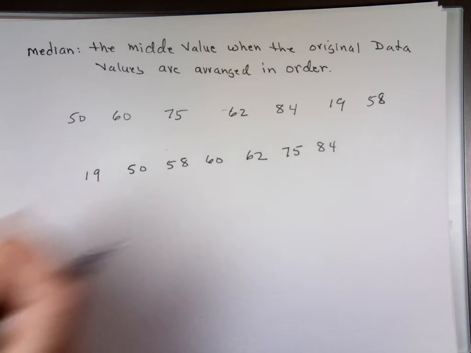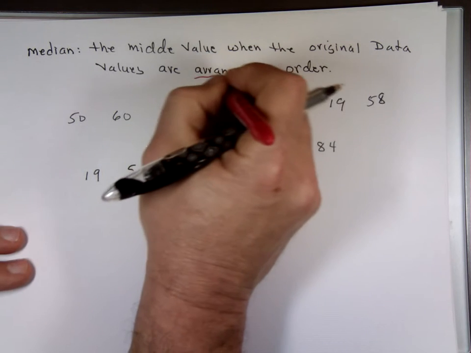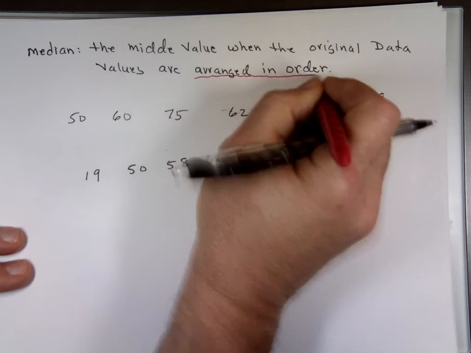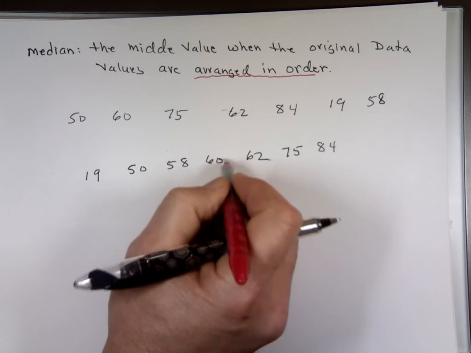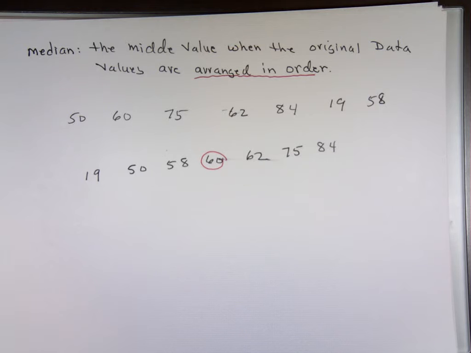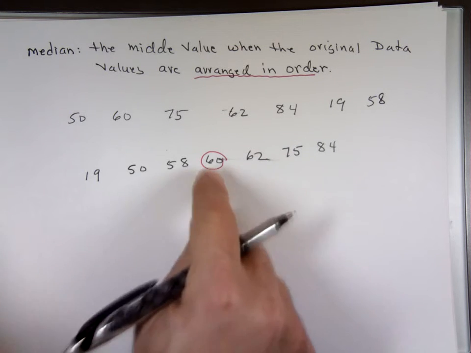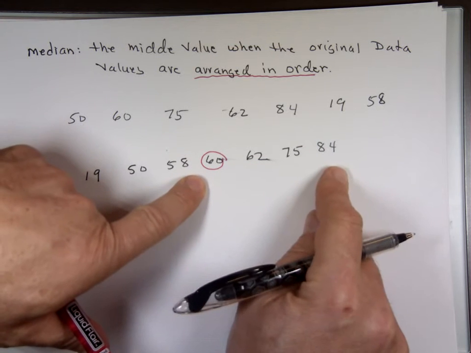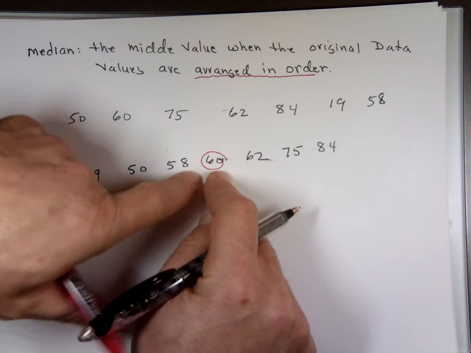The key is to arrange them in order first. The middle value looks like the 60. The 60 is the number in the middle. So if your score is above 60, you're in the top half of the class. If you're below 60, you're in the bottom half of the class.